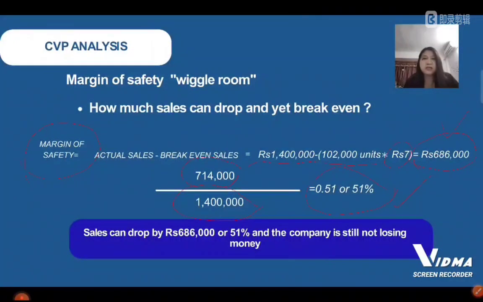That means that sales can drop by 686,000 rupees. So instead of our target 1.4 million rupees sale, it can drop to 686,000 rupees, or the sales can drop by 51%, and the company will still not lose money. That is our margin of safety.